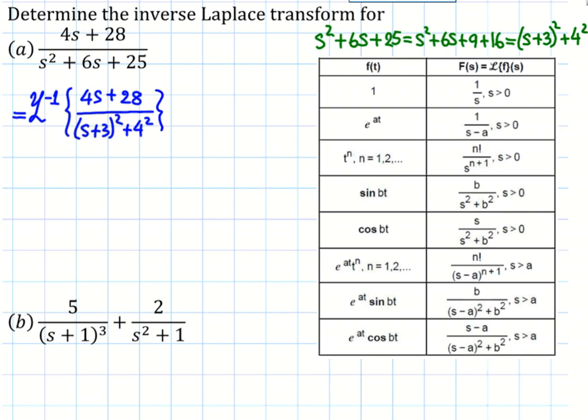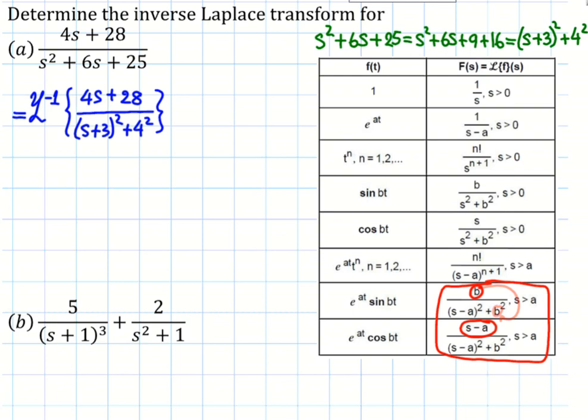What we see now is that at the denominator we have (s plus 3) squared plus 4 squared, so that is the form we're going to have. But on the top, either we have s minus a or it's going to be b, where this b is the same as that b.